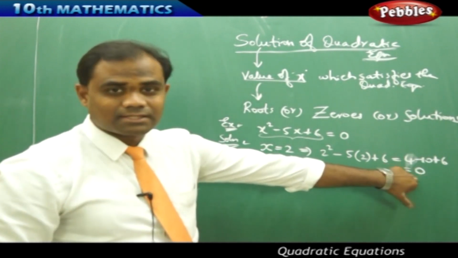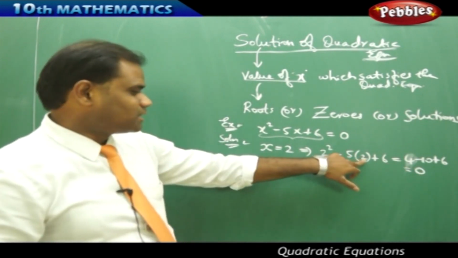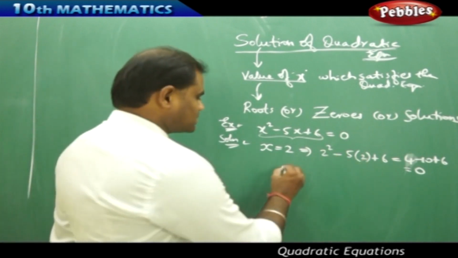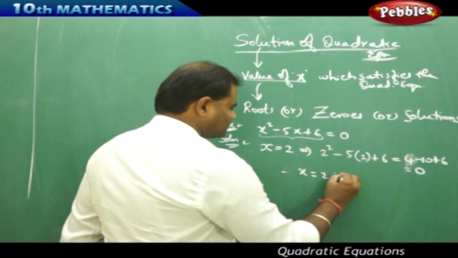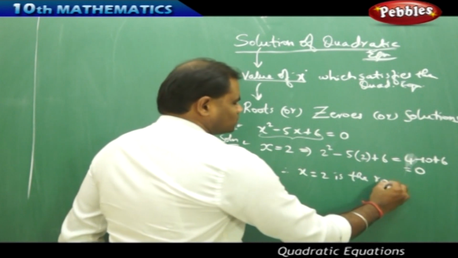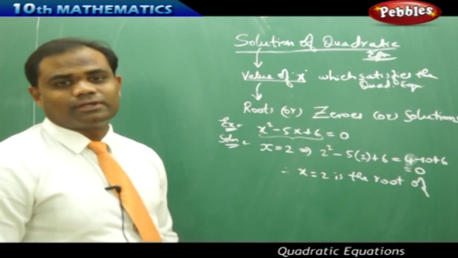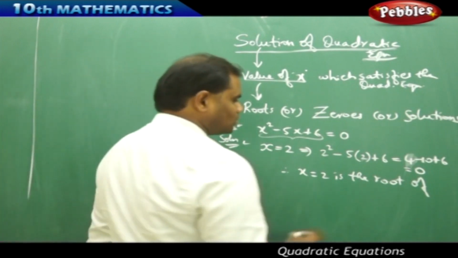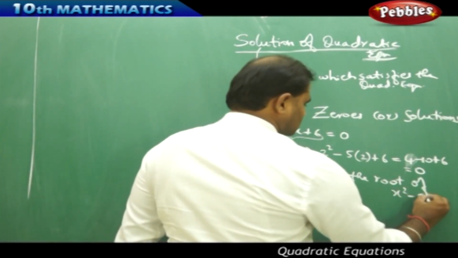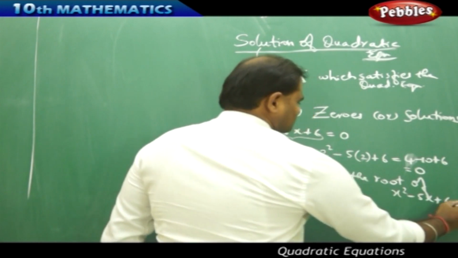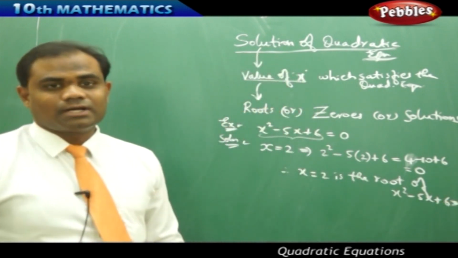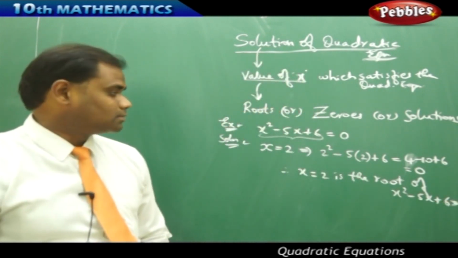Because I get this expression to be 0 when I substitute x equal to 2, I say x equal to 2 is the root or solution or zero of the given quadratic equation.